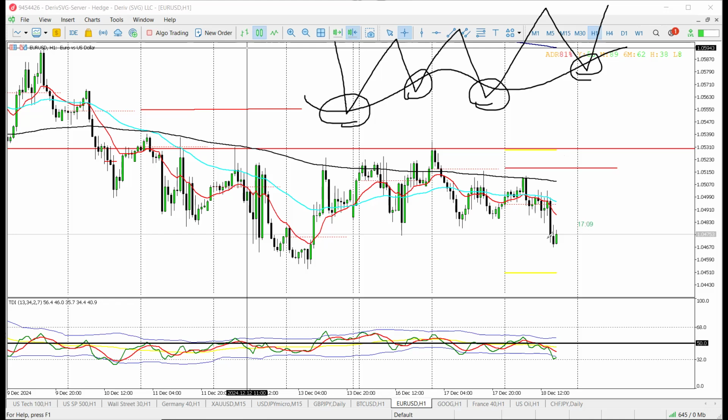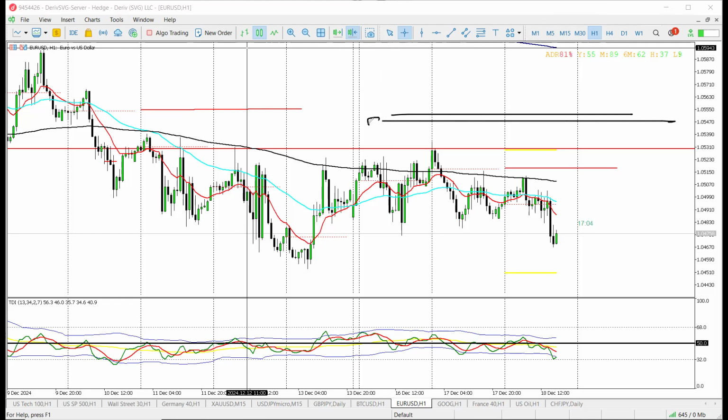Instead of a fixed support zone, let's say we had a bit of an OB right there, and price pushes up, touches, pushes up, touches, right? That is a fixed support zone. But if you're using a moving average, it's a dynamic support zone.